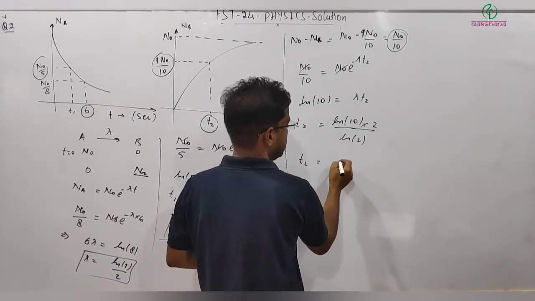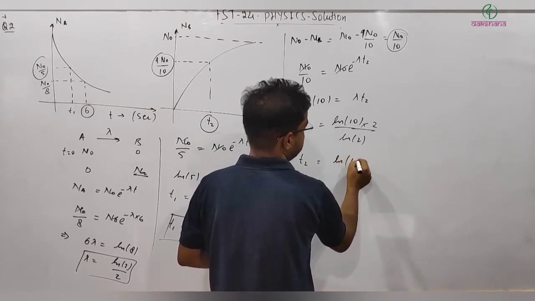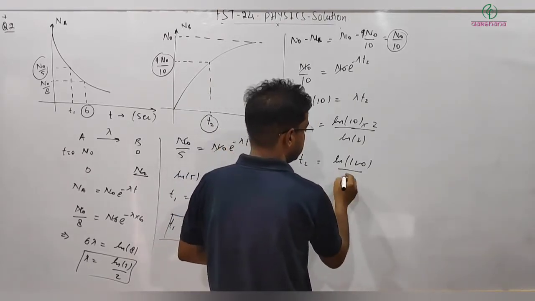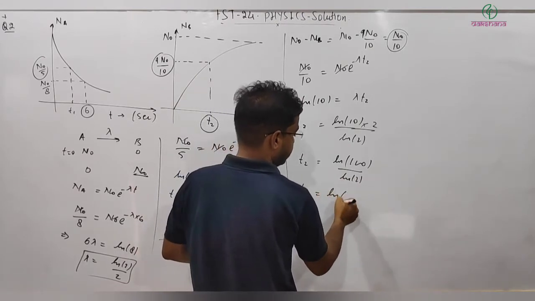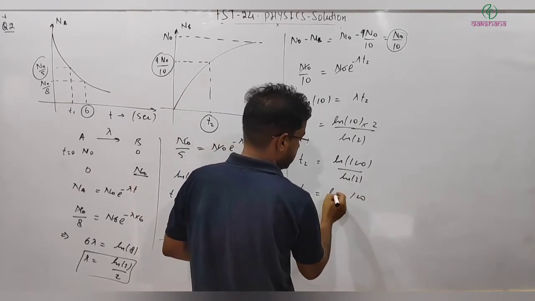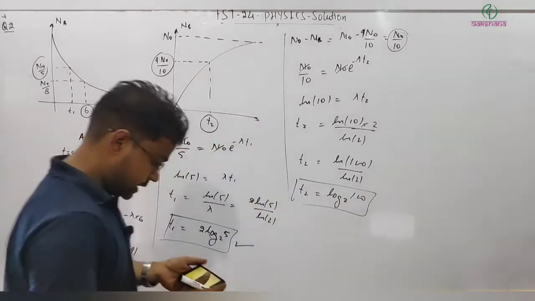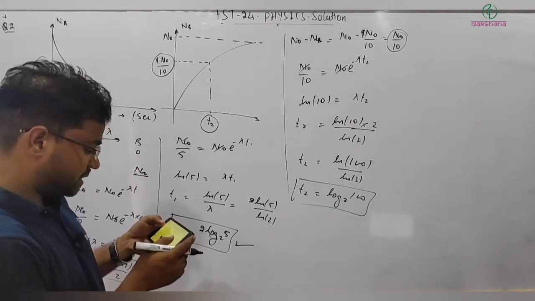This can be further simplified. So t2 will be equal to ln 100 divided by ln 2, and this can be expressed as t2 is equal to log 100 base 2. So we got these few things, we can check the answer. t2 is log 100 base 2, yes, that's matching, t1 also matching.